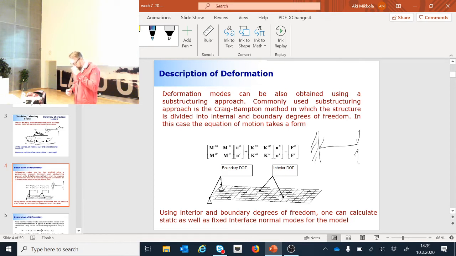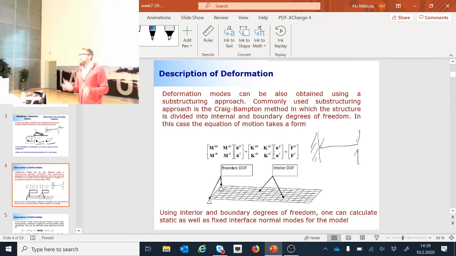So this is a method where you first select, or rather categorize, your nodal degrees of freedom into two different categories. The first category will be called boundary nodal degrees of freedom. And then the rest will be called interior degrees of freedom.